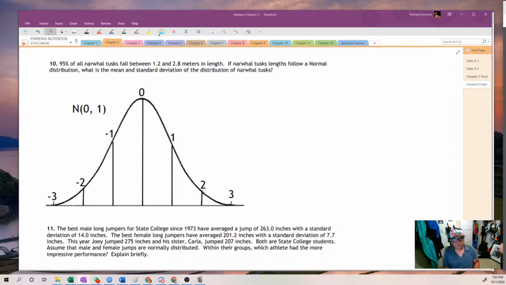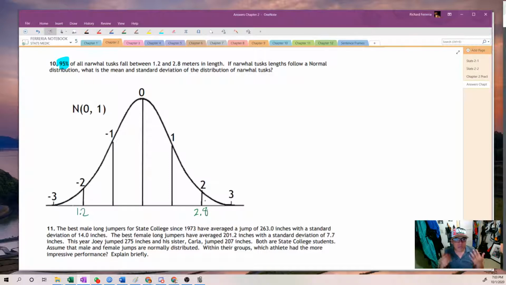So I've gone ahead and laid out my normal curve, and I see 95%. And immediately that should trigger my brain the empirical rule, because 95% is associated with 2 standard deviations. So I know within 2 standard deviations, that's going to be 1.2 meters and 2.8 meters.